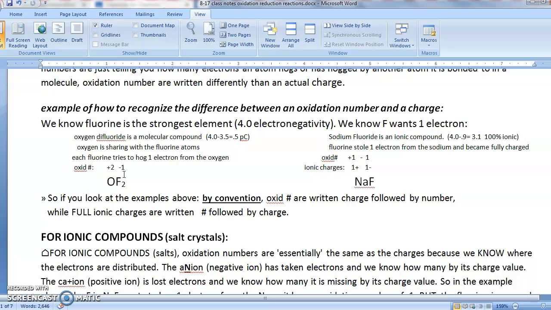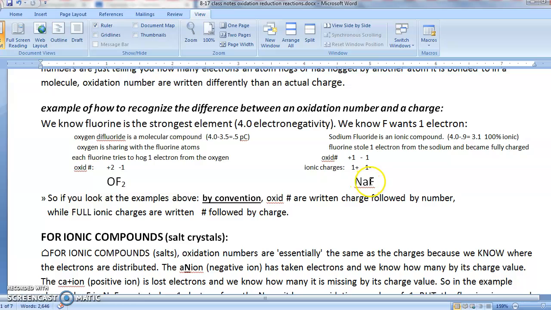The minus first is indicating it doesn't have them, it just wants them. Oxygen has not lost 2 electrons here, but it is having 2 of its electrons being hogged, so they write the charge followed by the number. Earlier this year, we realized that when we have a full charge, when the electrons are actually transferred, they would write the number followed by the charge.